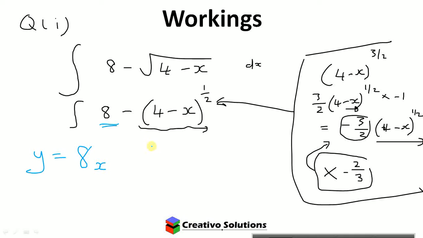The sign was plus there, that was the negative, so it would have been the minus that: negative 2 over 3 brackets 4 minus x close brackets to the power 3 over 2, plus c.